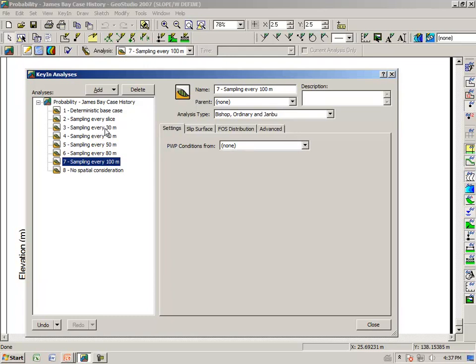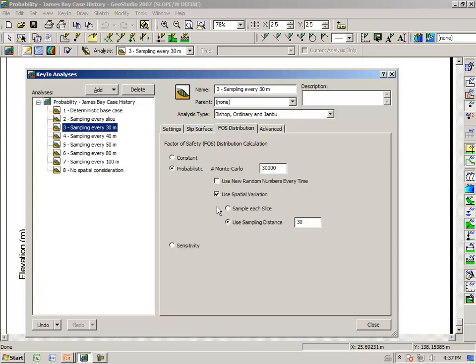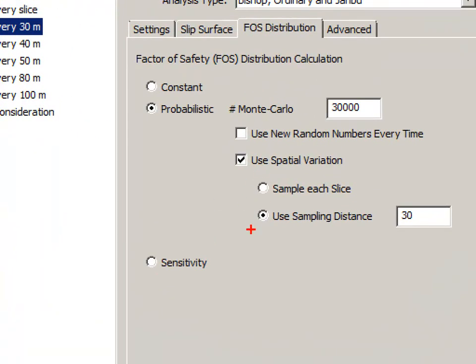All I want to draw your attention to is analysis number 3, for example, under the f of s distribution. Notice that we have selected spatial variation, and we have said that we will sample the soil every 30 meters. So for every 30 meters along the slip surface, we, so to speak, recast the dice and redetermine the strength along the slip surface.